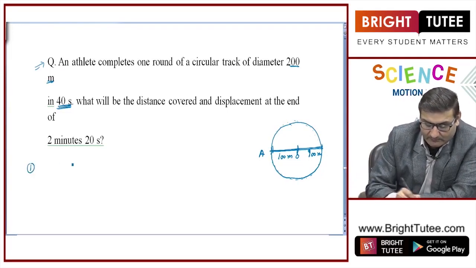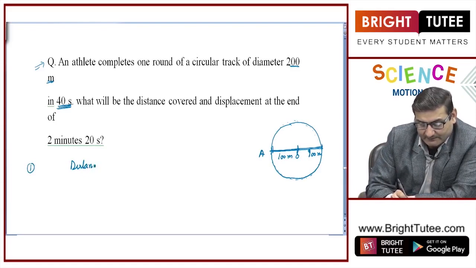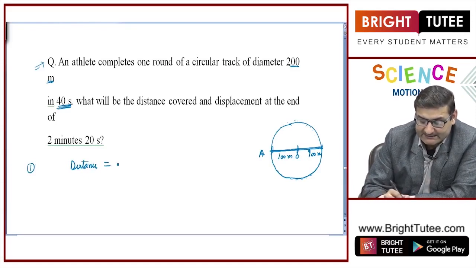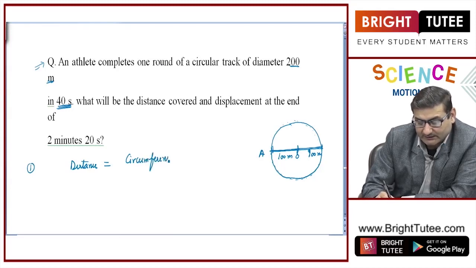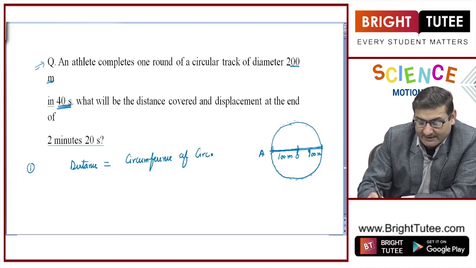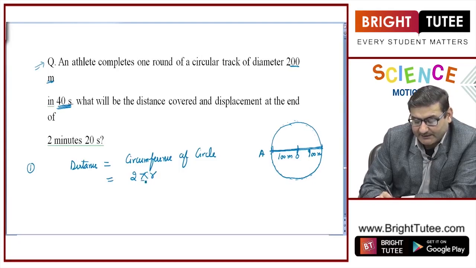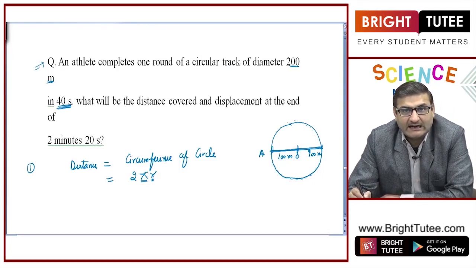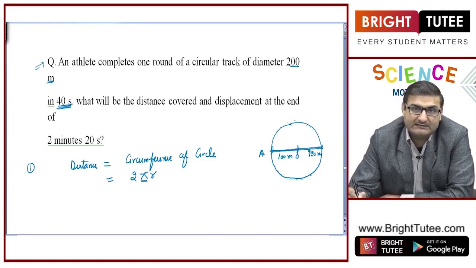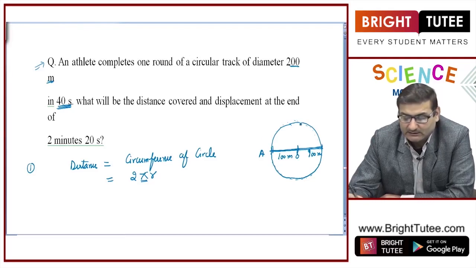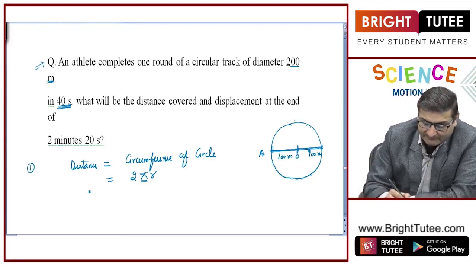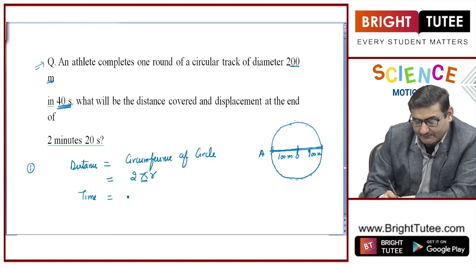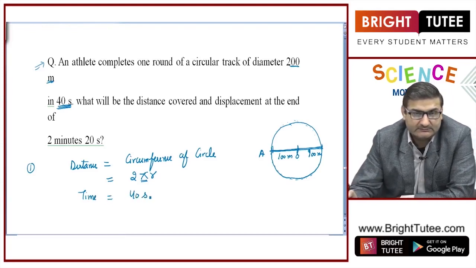So, the distance travelled in these 40 seconds will be equal to the circumference of the circle, and we know the formula of circumference is 2 pi r, where pi is 3.14 or 22/7, a constant, and r is given to be 100 meters, the radius of this circular track, and for this he is taking a time of 40 seconds.